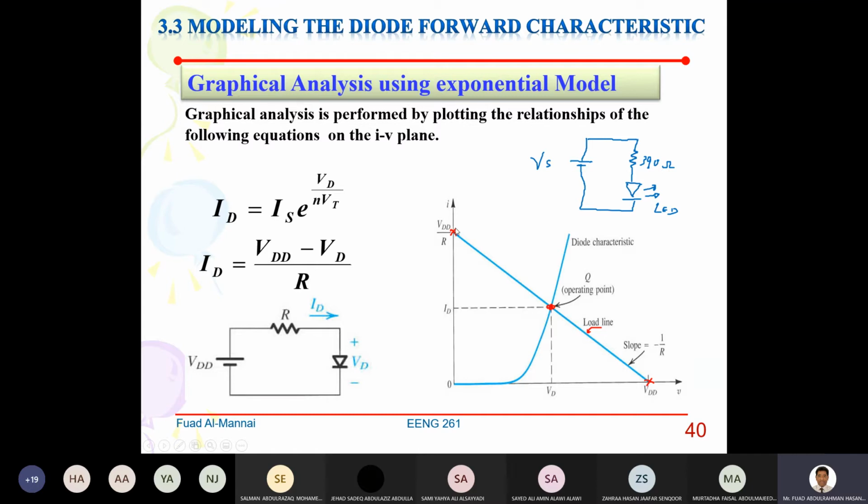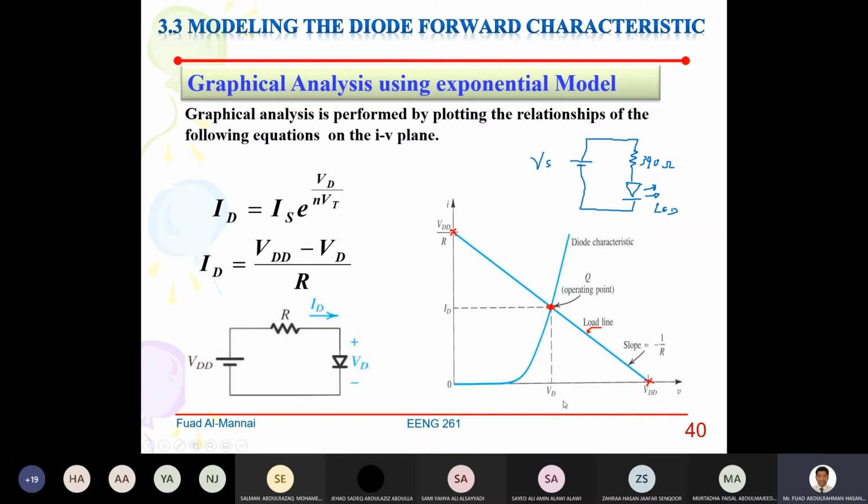This line is straight, and we call it a load line. As you can see, this is a load line. When we do that, we look at this point, which is our operating point, and we can look on the y-axis and see ID, and on the x-axis and see VD.